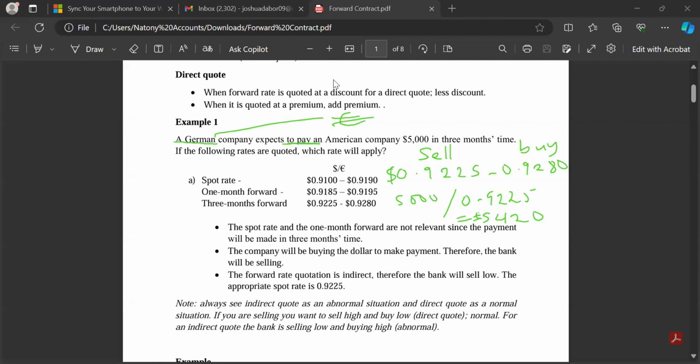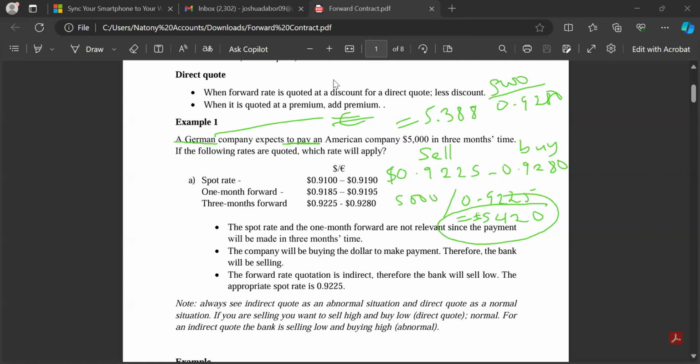If you convert using the second rate, you will have 5,000 over 0.9280, and this will give 5,388 approximately.